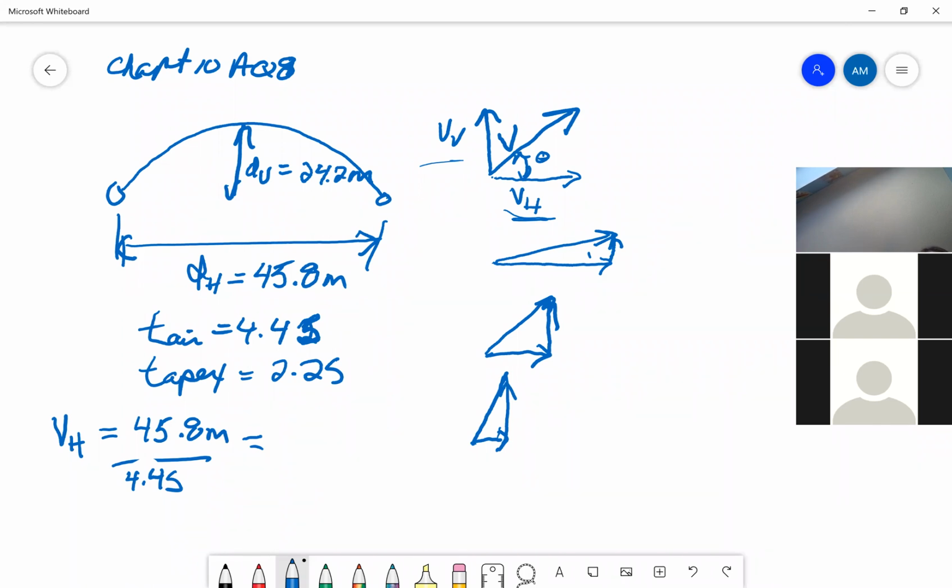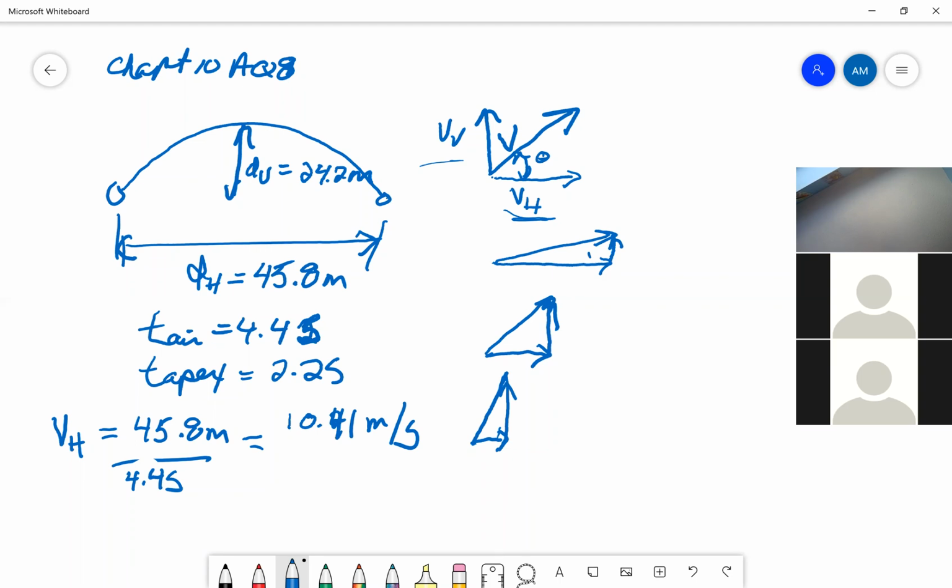It's going to be, what is that, 10 point something? It's 10.41 meters per second, whichever one it is. And then for vertical, we come back to our lovely equations on page 323.